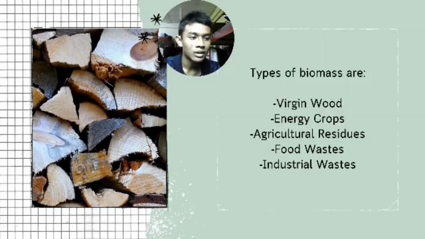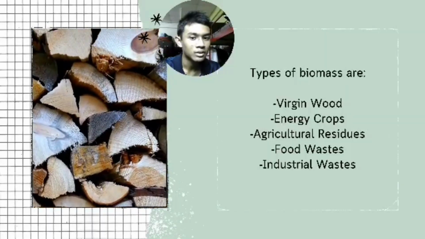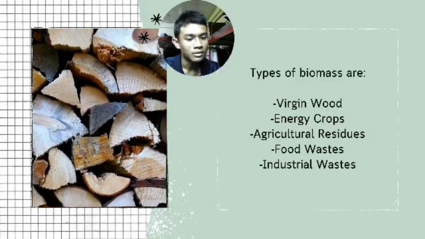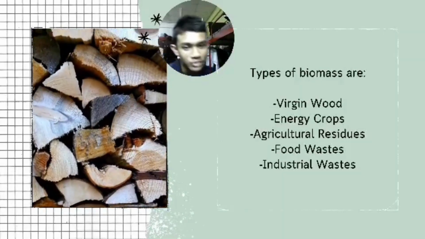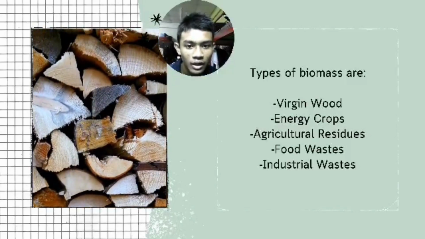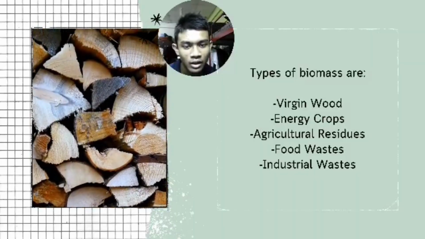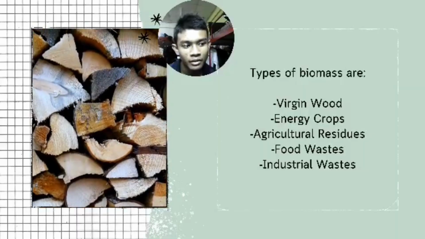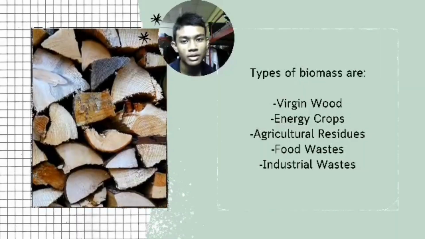Energy crops are basically dead plants or crops that are dead from your garden. Agricultural residues are residues that are from agriculture, and it's what I was talking about in energy crops.